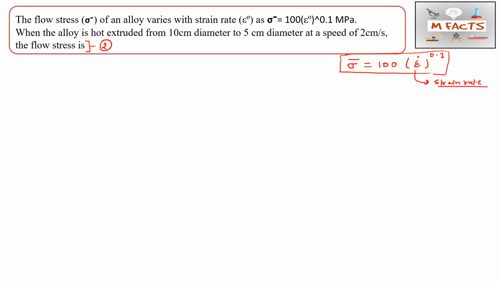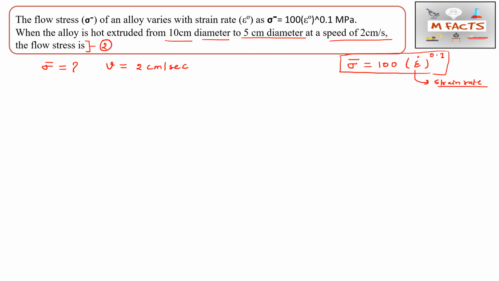Okay, so when the alloy is hot extruded from 10 centimeter diameter to 5 centimeter diameter at a speed of 2 centimeter per second, they are asking the value of the flow stress sigma bar at the speed of 2 centimeter per second. These all values are given.